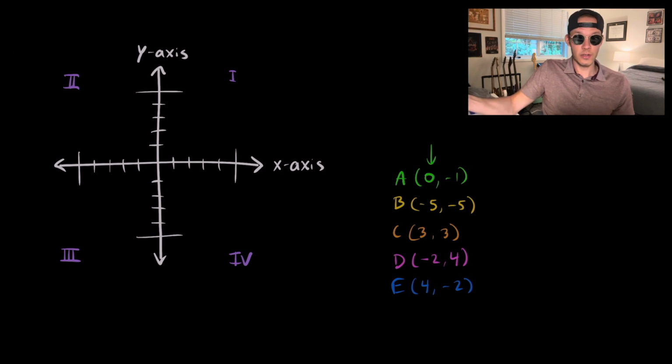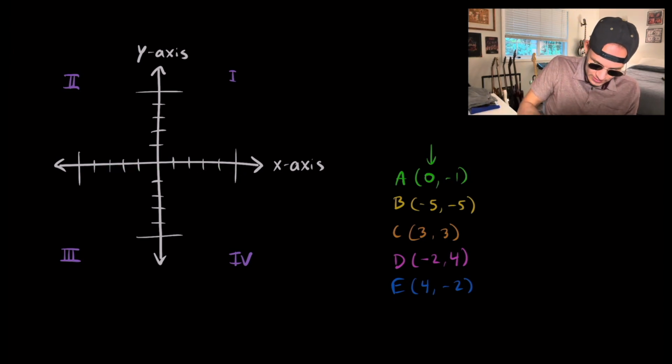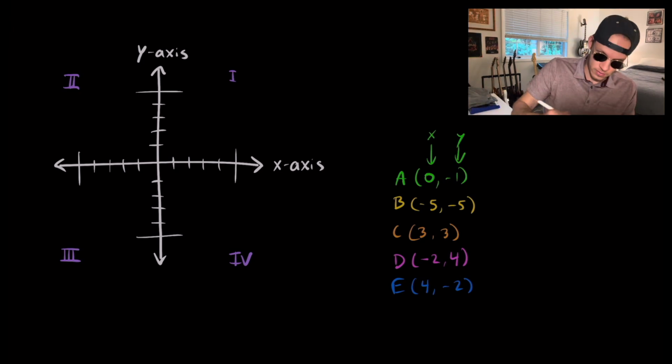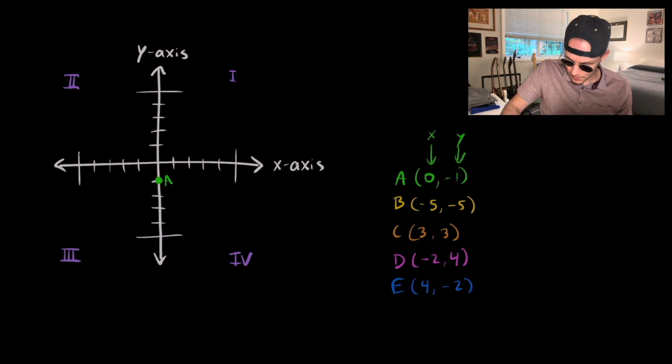Since it's 0 for point A, we're not going to move at all along the x-axis. We're going to stay put at the origin for now. Then you take a look at the y coordinate. Since it says -1, that means we're going to go down 1. So I start at the origin here, and then I go down 1. I don't need to move left or right because my x-coordinate is 0, and there is point A.